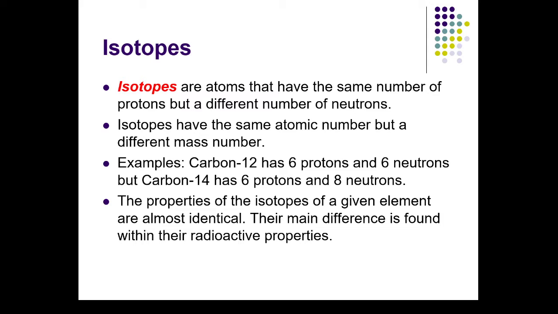Why that's important: we can use it in chemical studies, because here's the deal. If I have the same number of protons, I'm the same element. For instance, if they want to test your thyroid, they could inject you with a radioisotope of iodine.